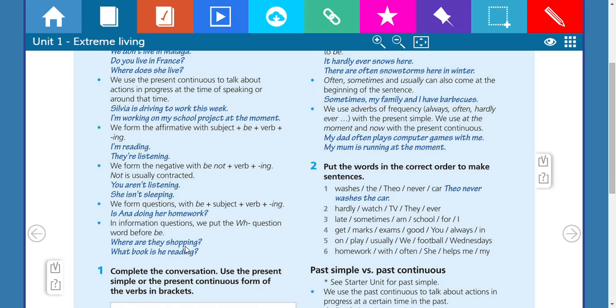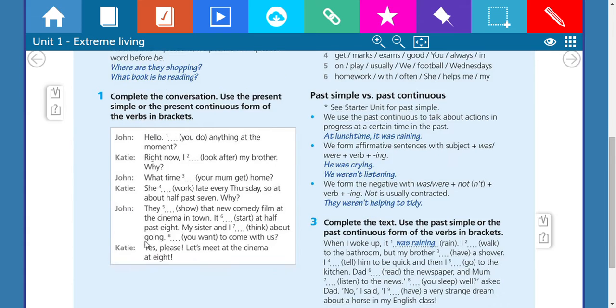They are shopping in Mega Plaza, or they're shopping in, I don't know, Real Plaza, or they're shopping in the market. No? What book is he reading? He's asking me for information. Okay, he's reading a Harry Potter book, for example. No, that's the idea.